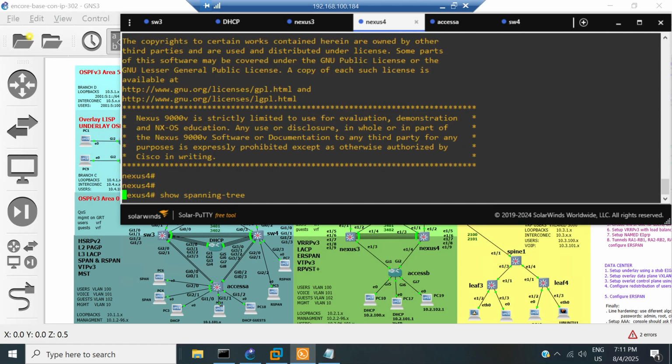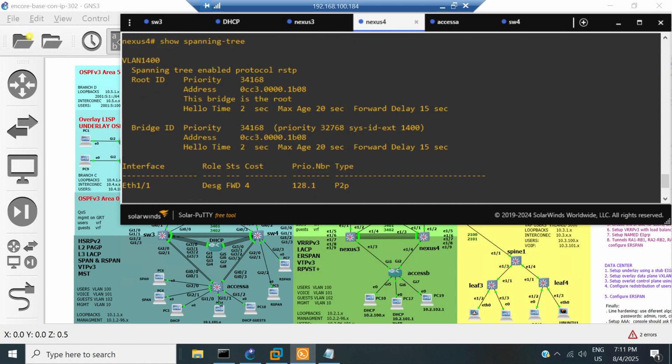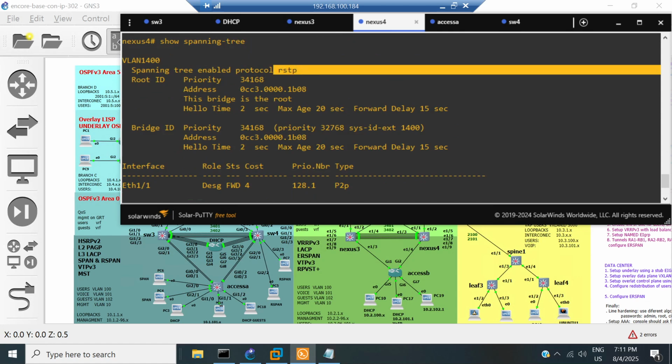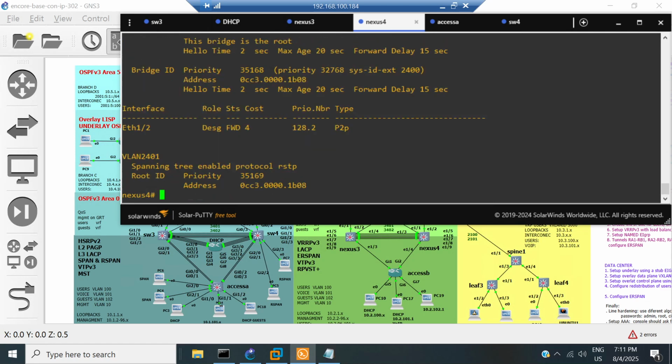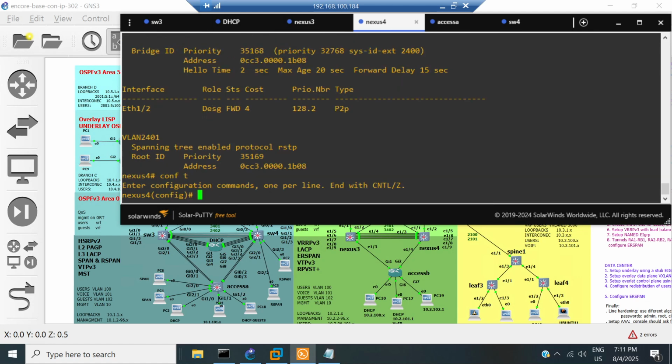If I issue show spanning tree here, we are already using rapid spanning tree. So we want to configure this in such a way that for VLAN 10, 100, and 101, this will be my root primary.